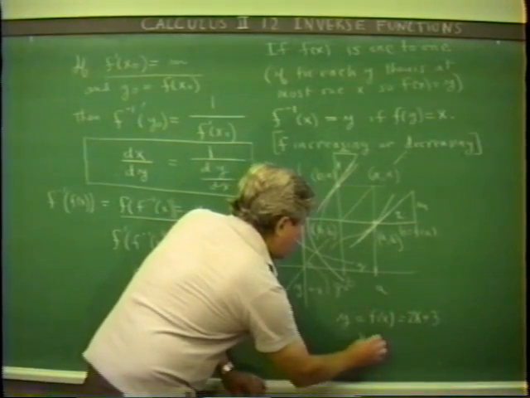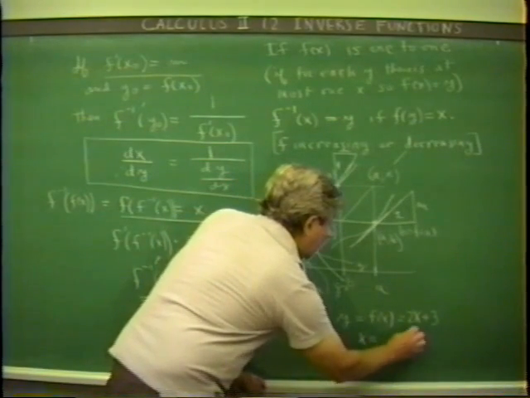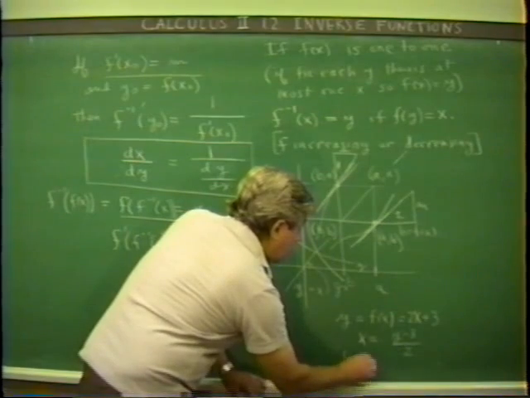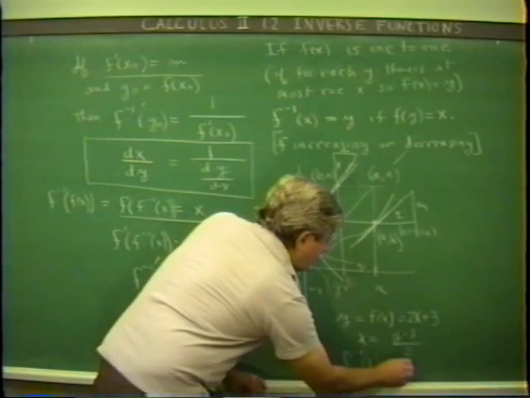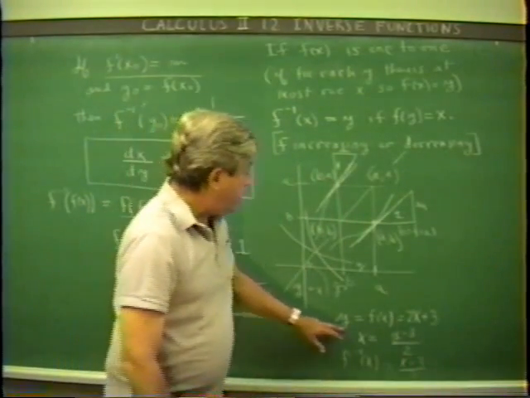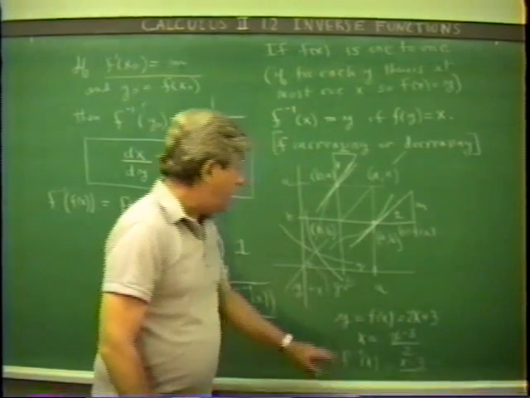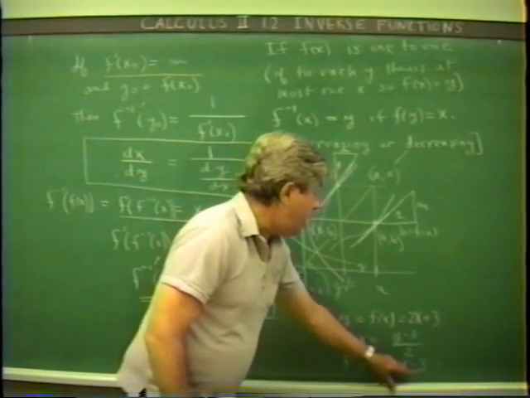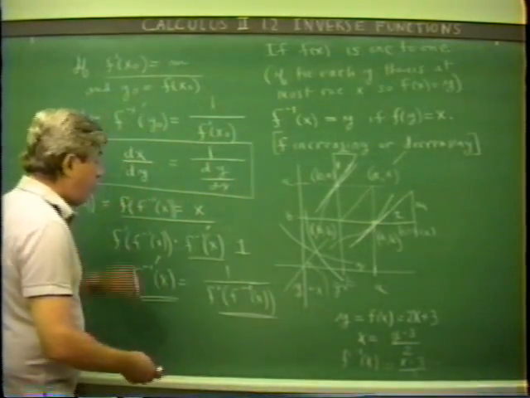We get that x is equal to y minus 3 over 2, or the inverse function, f inverse of y, or f inverse of x, is going to be x minus 3 over 2. So for the original function, if you got the value y by taking 2 times x and adding 3, to undo this, you want to take a number and subtract 3 and divide by 2. So you get an inverse function like so.